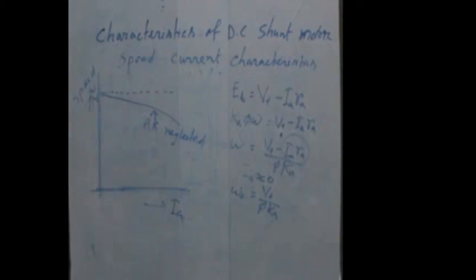If we consider the armature reaction again, now increasing armature current Ia will increase the armature flux. The effect of armature reaction, particularly the demagnetizing component of armature flux, will reduce the main flux phi.